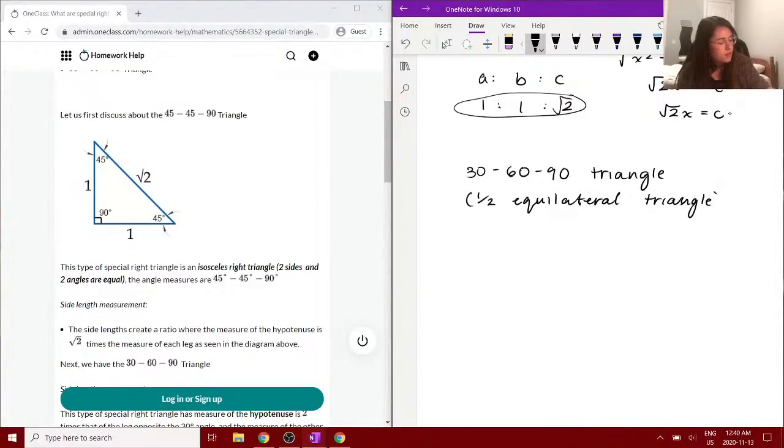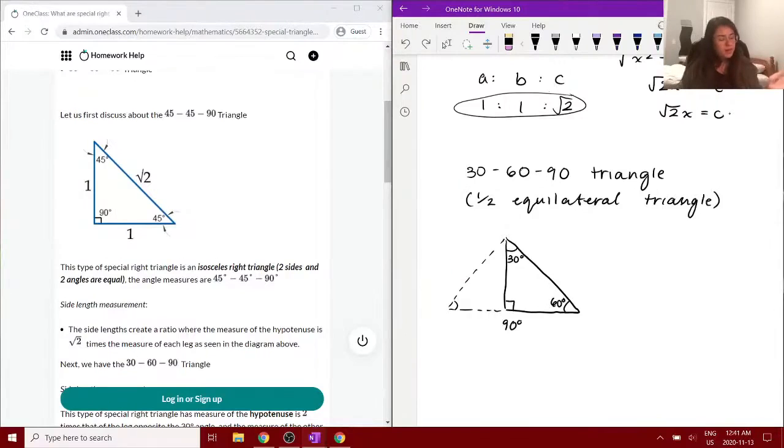Let's draw that. So if we have this 30 degrees, 90 degrees, and 60 degrees, but if we look at the full picture, the full equilateral triangle, imagine if all these angles were 60 degrees.